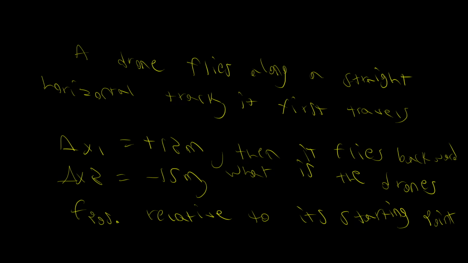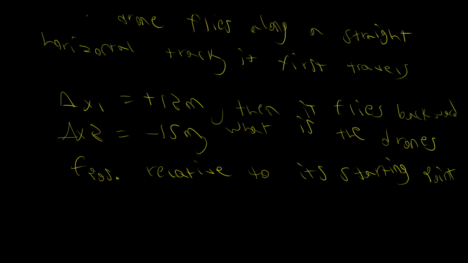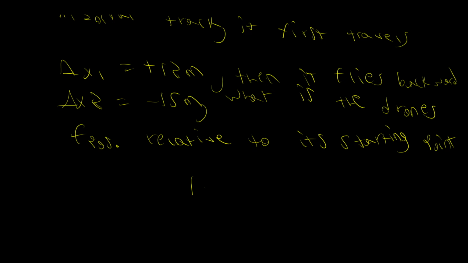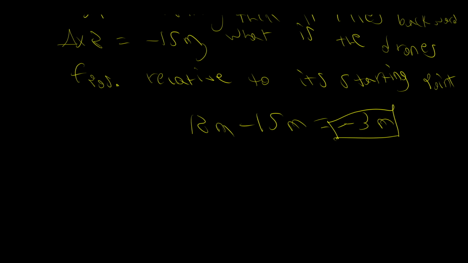So we know we just add the vectors, which is 12 meters minus 15 meters, which is negative 3 meters, which gives us the total final position. Because we go 12 meters positively, and we go back 15 meters. So in total, we went back, or negatively, 3 meters.